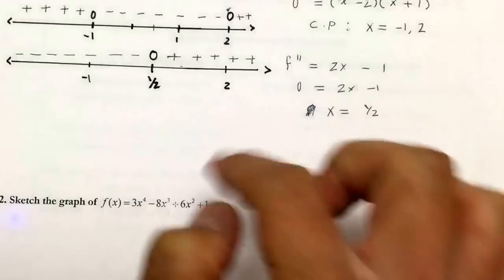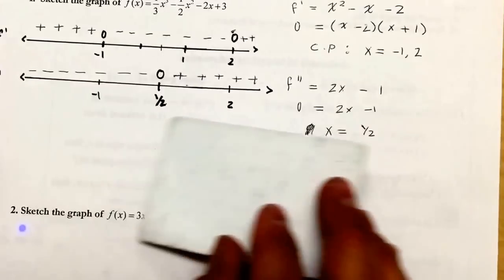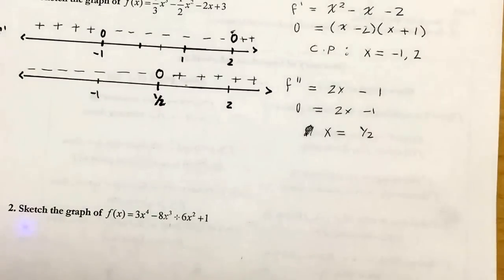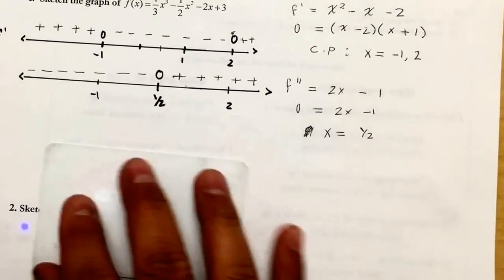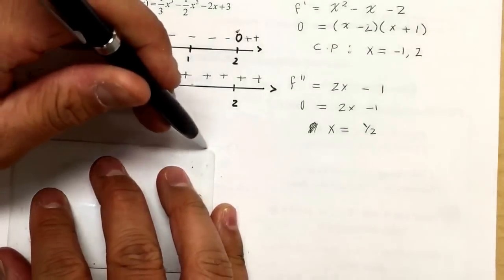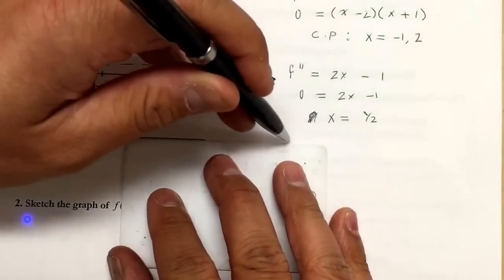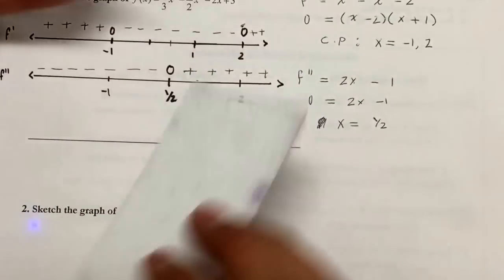Now I put these two graphs together and make a conclusion. So I'm going to draw, if you don't mind, a third number line down here, and this third number line is going to summarize the first two number lines.